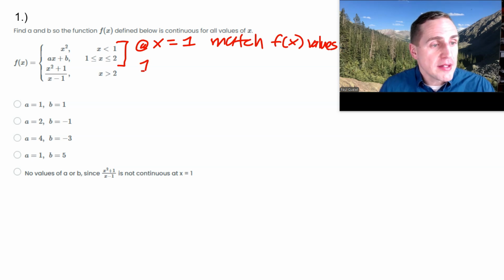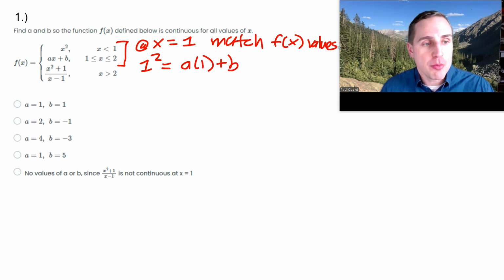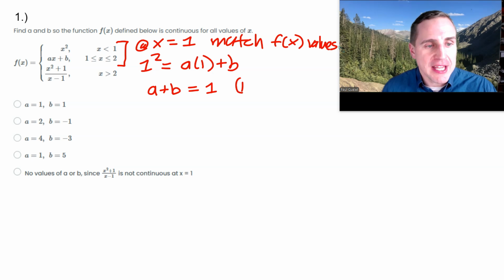So let's go 1 squared should equal a times 1 plus b. So 1 squared we know to be 1, and then a times 1 is just a plus b. So let's just write that as a plus b is equal to 1. And that's our first equation. So let's label that as equation 1.